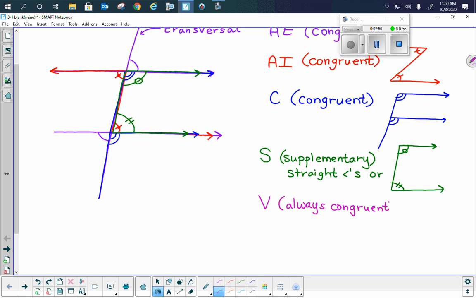Always congruent. And those are created anytime you see a, well, if we want a letter, maybe you think of this as two V's attached to one another, like we talked about. Maybe you want to think of it as an X. I'll leave that up to you.